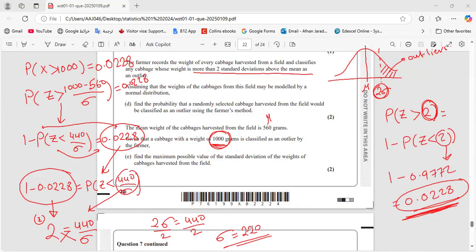So for question E, the maximum possible value of the standard deviation is 220. Exactly 220 to three significant figures.